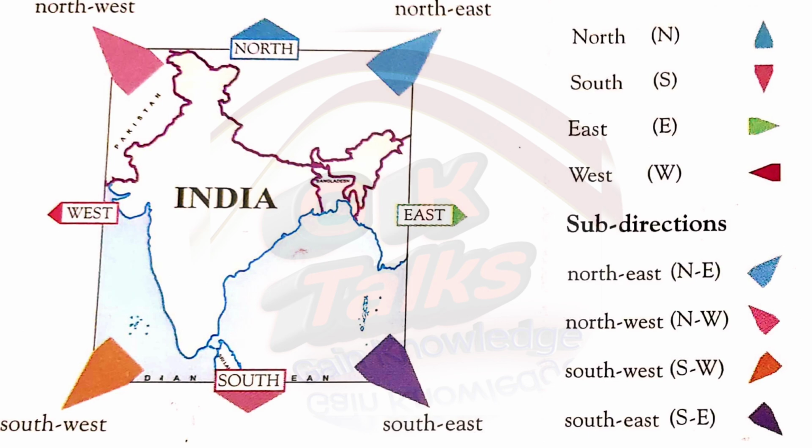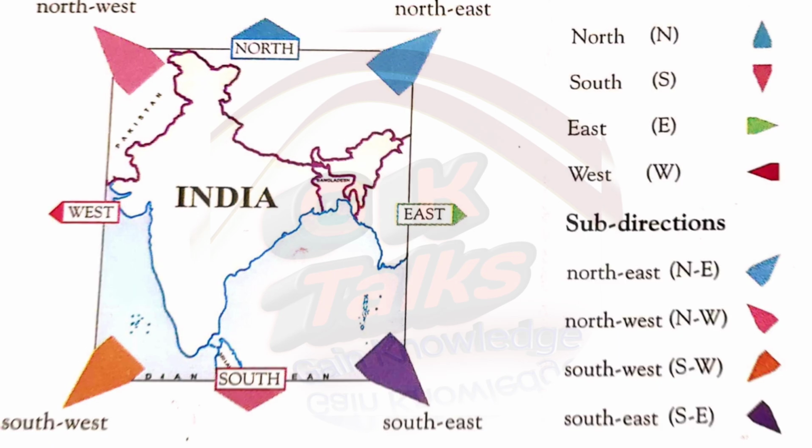Between the north and east lies the northeast. Similarly, the northwest lies between north and west. The southeast lies between south and east. And between south and west lies the southwest. The subdirections are also called intermediate directions.